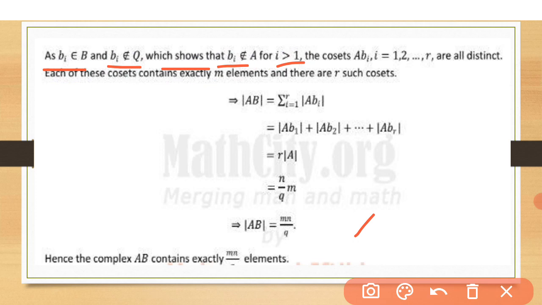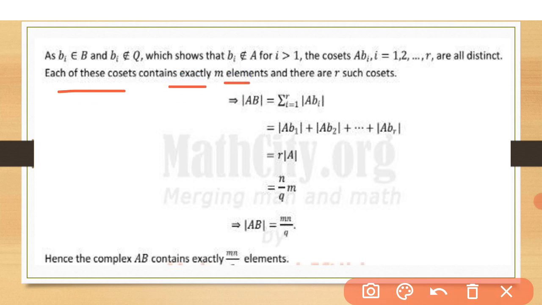The cosets ABi, where i is 1 to r, are all distinct, because we have read before that all cosets are distinct, so their intersection is empty and their union becomes the complete group from where we take the cosets. So each of these cosets contains exactly m elements.